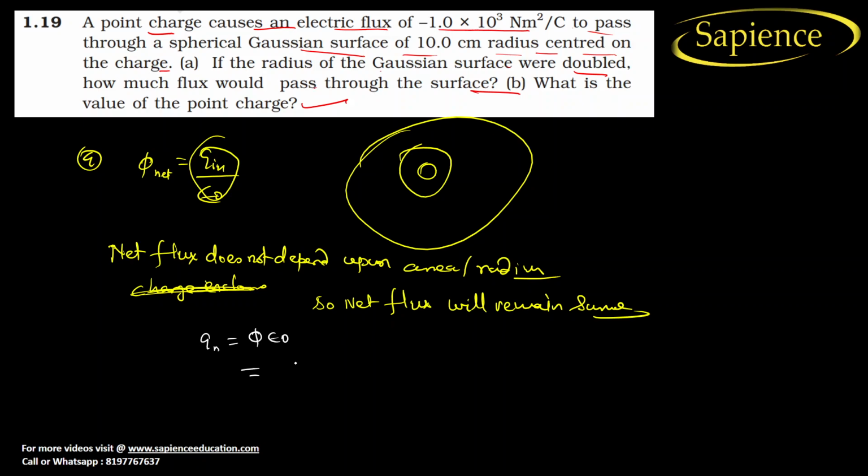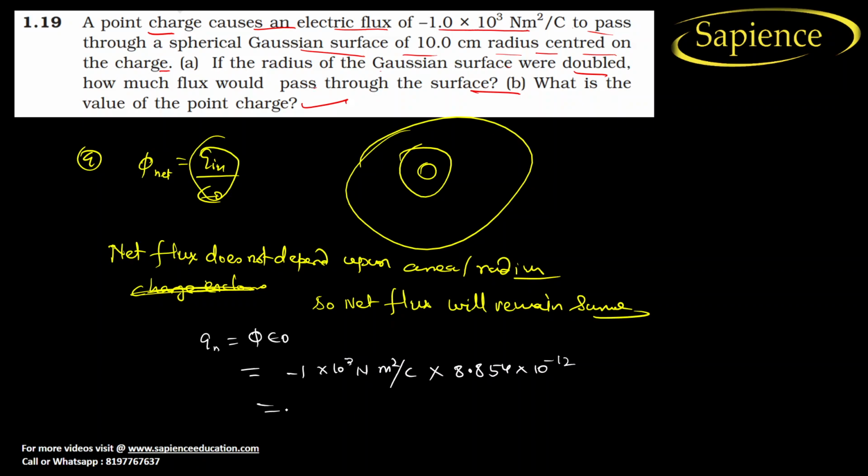Phi they have provided as -1 into 10 to the power cube Newton meter square per coulomb, into epsilon naught, which is 8.854 into 10 to the power -12.